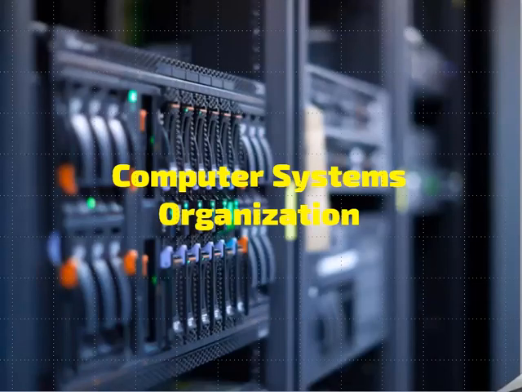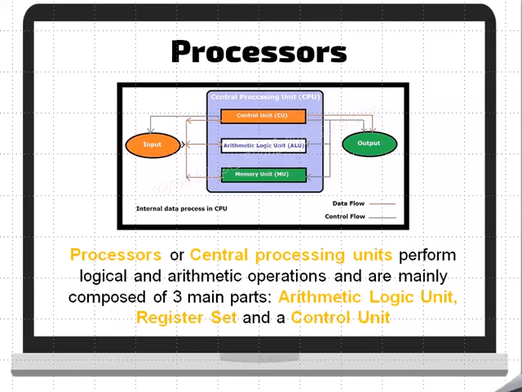For the third module, we're going to be discussing computer systems organization. The first thing we're going to discuss are processors. Processors, which are also called central processing units, perform logical, arithmetic, and shift operations demanded by the computer's instruction sets.